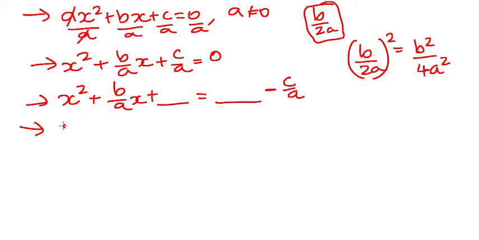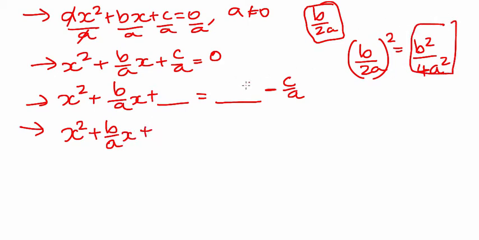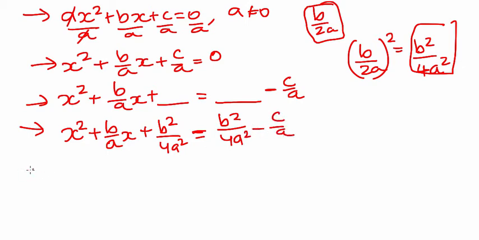If you do that, you get x squared plus b over a x plus, and add this over here, b squared over 4a squared, equal to b squared over 4a squared minus c over a.